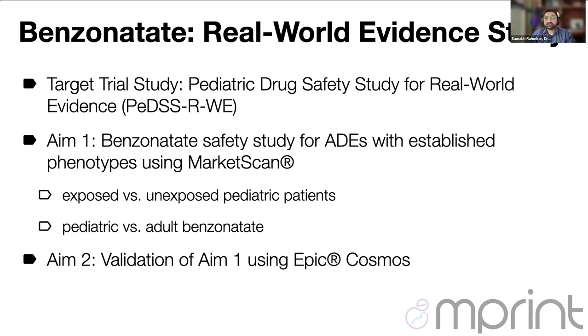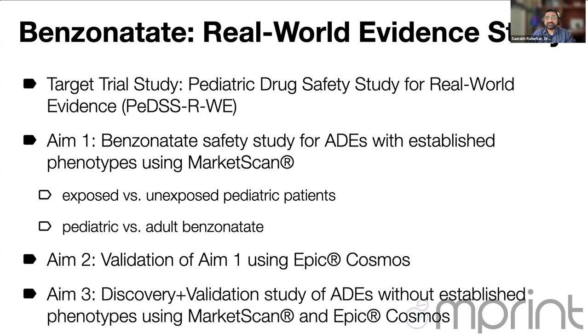analyses in Epic Cosmos, which is a nationally representative de-identified database of over 290 million patients in the United States. So this gives us a completely different clinical data source, and this helps us validate findings across two different types of real world data. Aim 3 is focused more on discovery and validation to try to identify additional ADs that we haven't even looked for, and also to look for those ADs for which we don't have validated phenotypes.